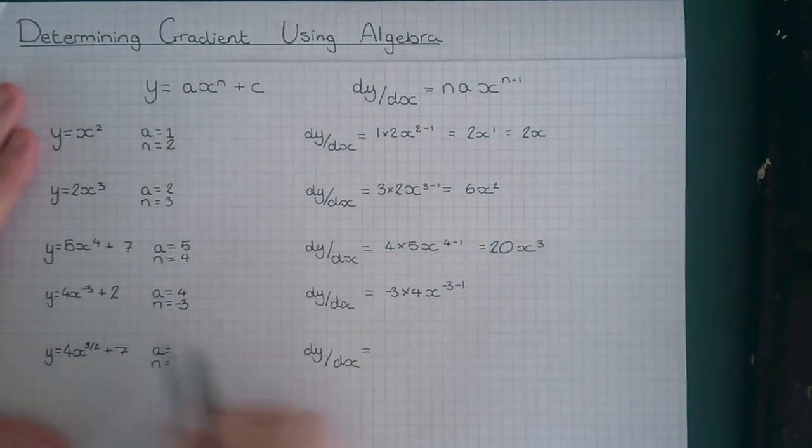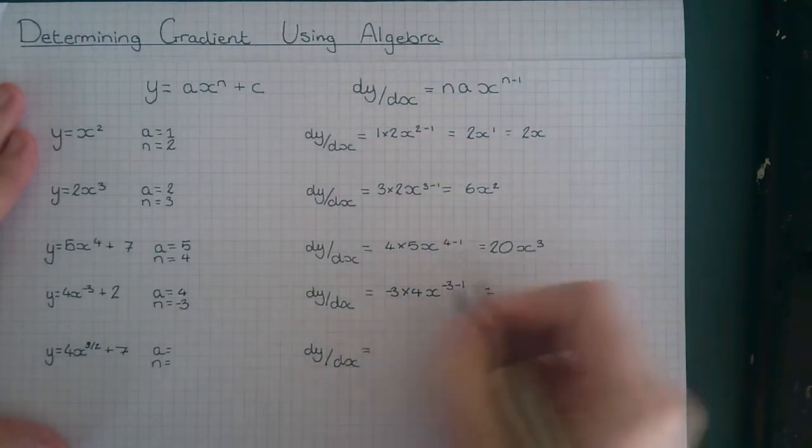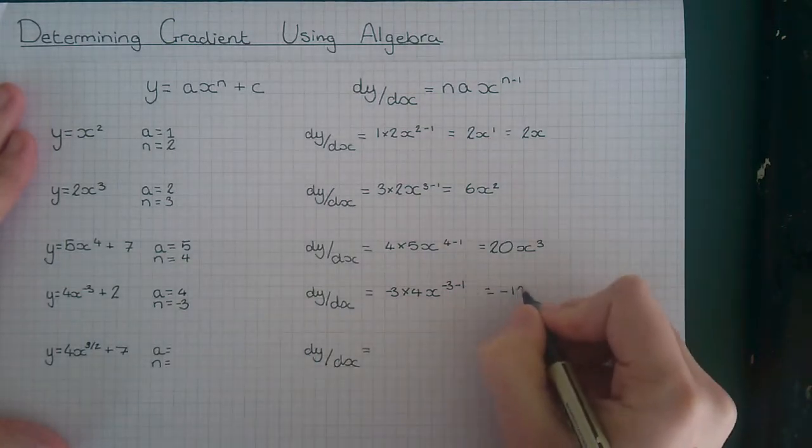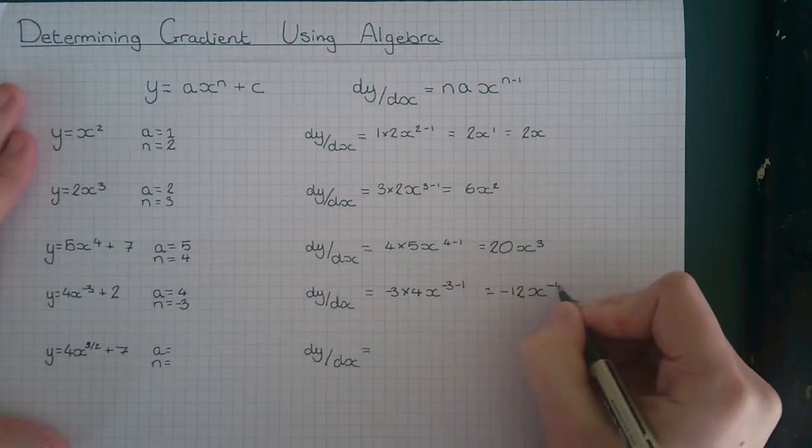Once again, the constant doesn't come across. Minus 3 times 4 is minus 12, and minus 3 minus 1 is minus 4. So it's minus 12x to the power of minus 4.